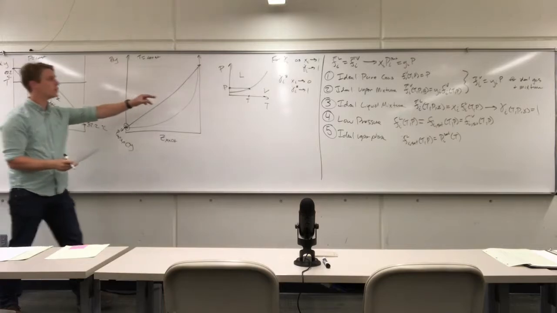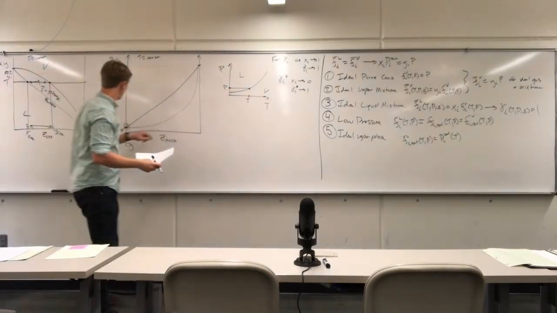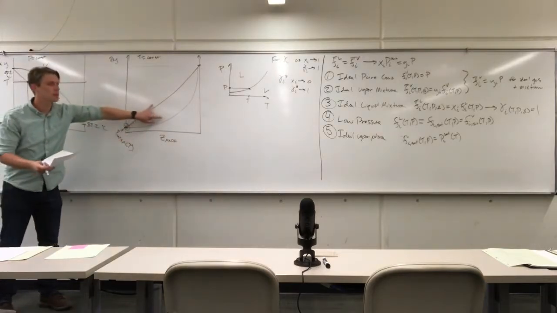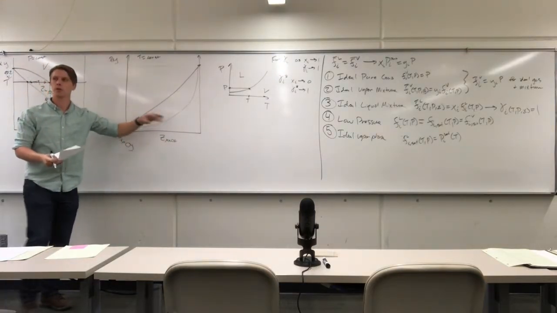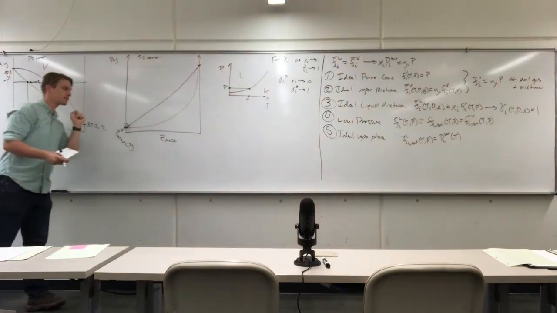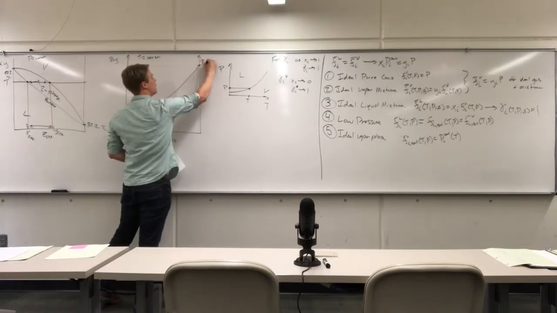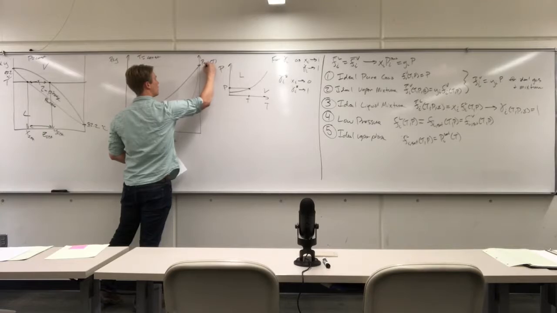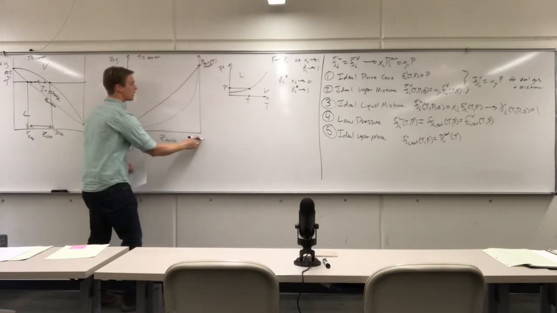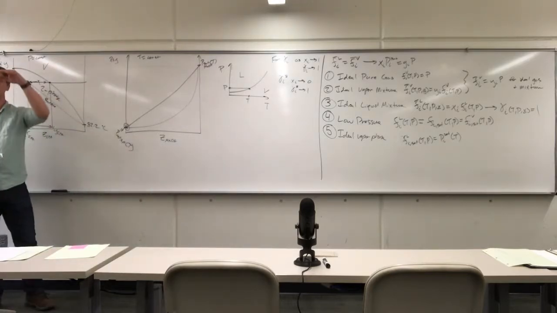Now, for a pure fluid, the region between vapor and liquid is a single line. For a mixture, it separates, and that's why we have a bubble point and a dew point. So in a pure fluid, the bubble and the dew point are identical. So up here, this is the saturation pressure at the temperature for methanol. It is the more volatile species because it has the higher saturation pressure. So at a higher system pressure, the methanol will boil away.